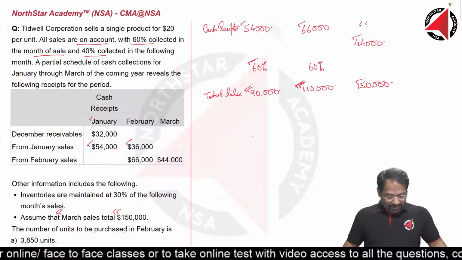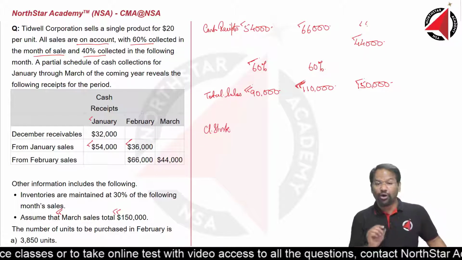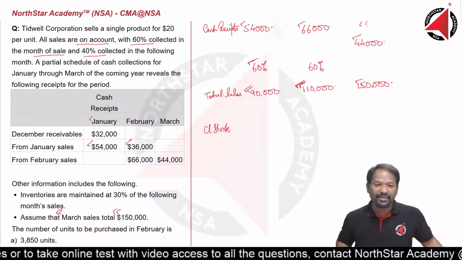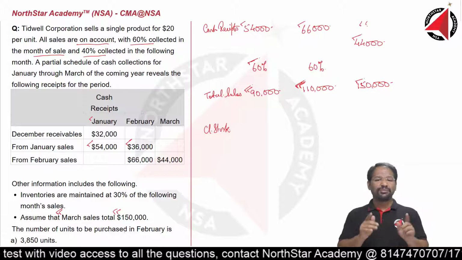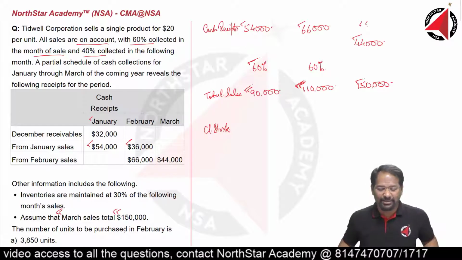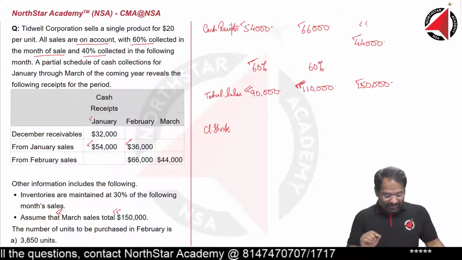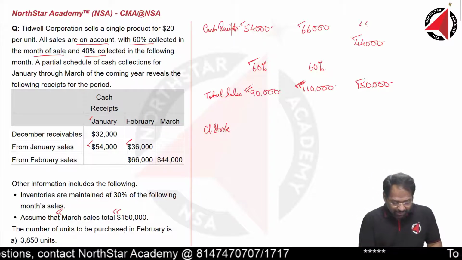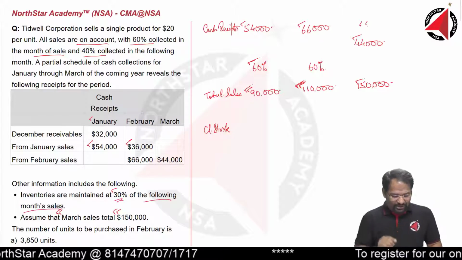Now, let's find out closing stock. Remember, these are all in dollars. We need to find the ultimate answer in units, so whatever the answer, we will divide it by $20, which is the selling price per unit. For the month of January, 30% of the following month's sales will be manufactured in that month.